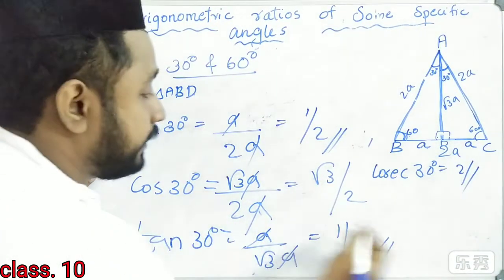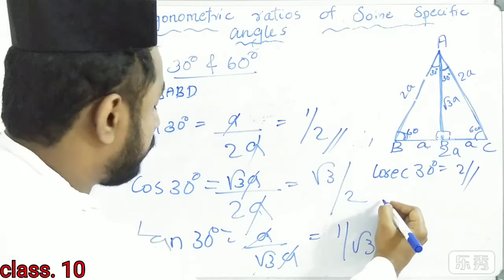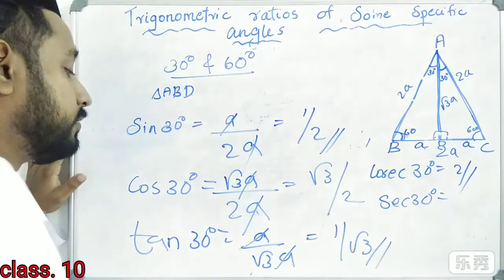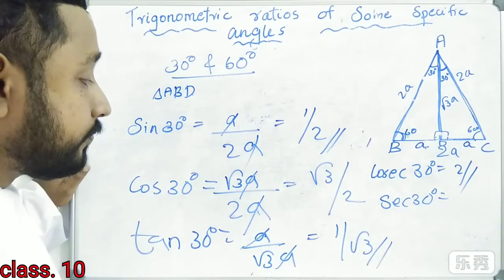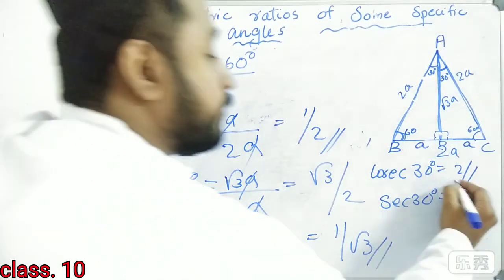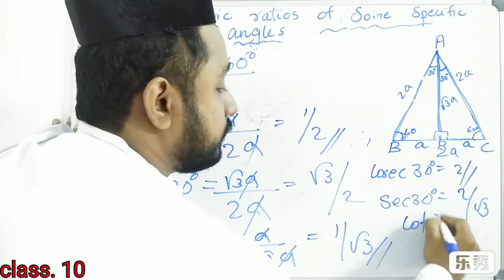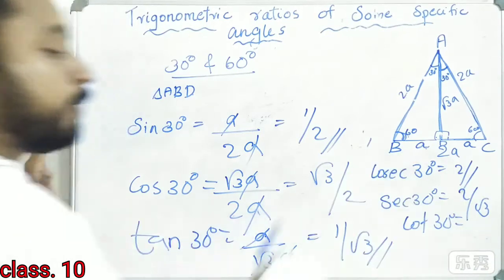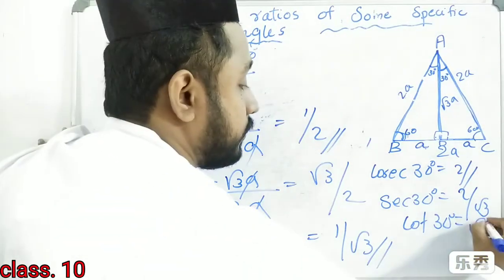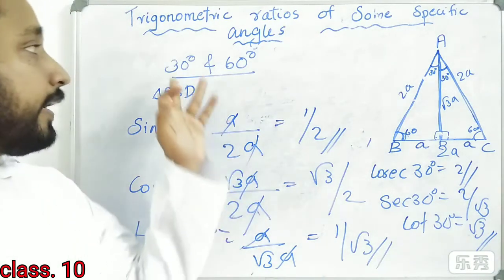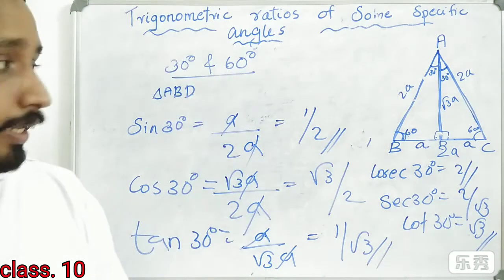Sec 30 is the reciprocal of cos 30, that is 2 by root 3. And cot 30 is the reciprocal of 1 by root 3, root 3. So we have studied the trigonometric ratios of angle 30 degree and 60 degree.